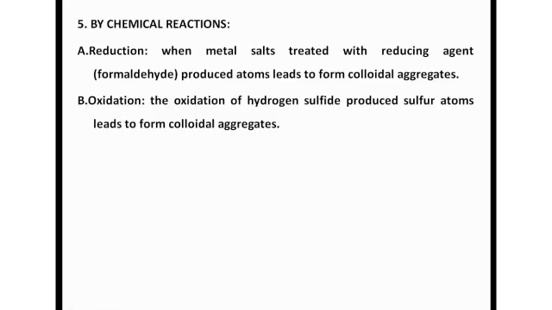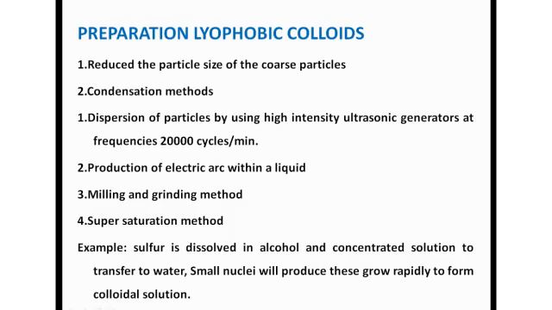So I repeat once again, preparation of lyophobic. First of all, reduction of size: you are going to get the lyophobic from the coarse particle. Condensation: molecular particles will get mixed together and form aggregates to give lyophobic colloids. Then production of electric arc: just put two electrodes in the liquid and you are going to get the lyophobic colloids.